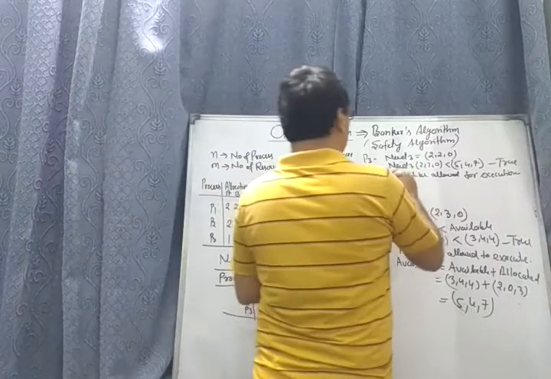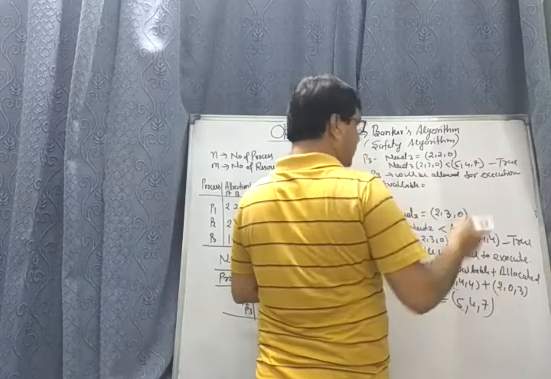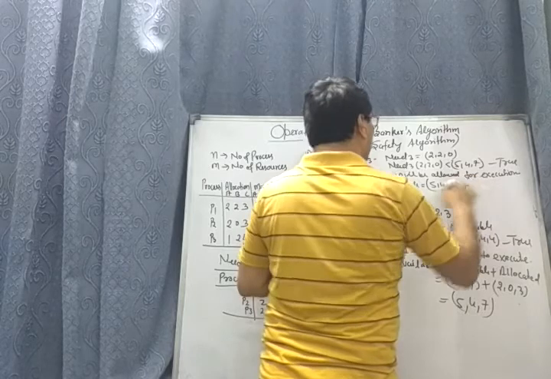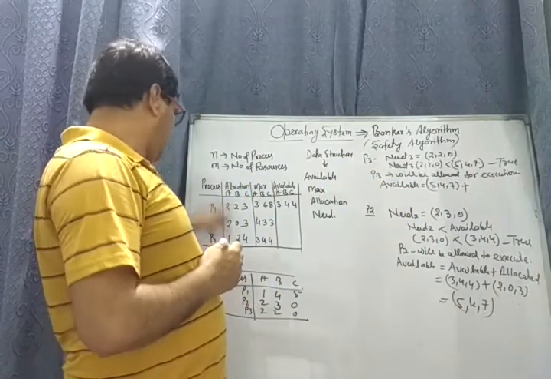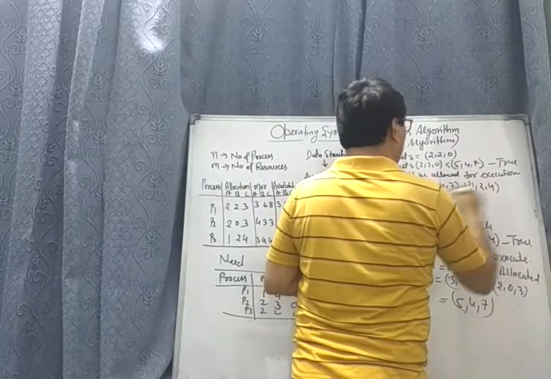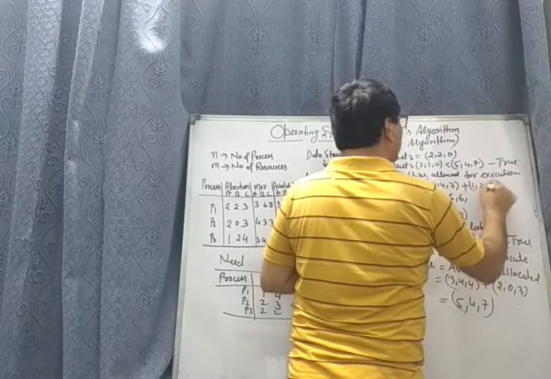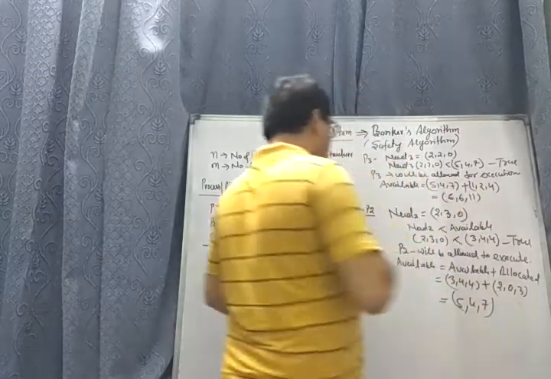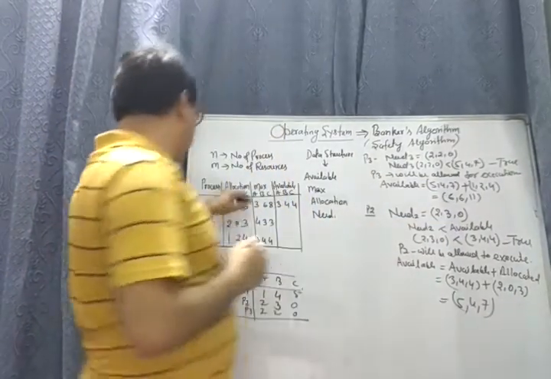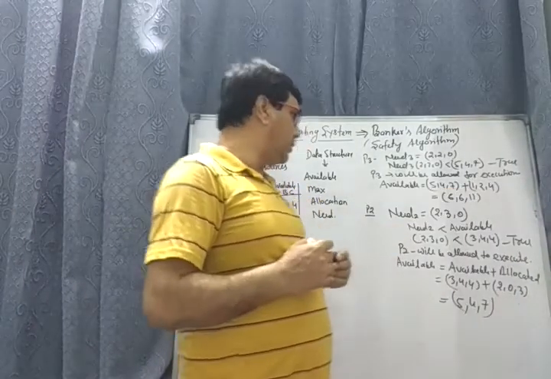That means the available number of resources will be equal to the current availability 5, 4, 7 plus the released resources 1, 2, 4, and this is equal to 6, 6, 11. Here 1, 2, 4 was allocated to process P3. That means right now 6, 6, 11 are available.